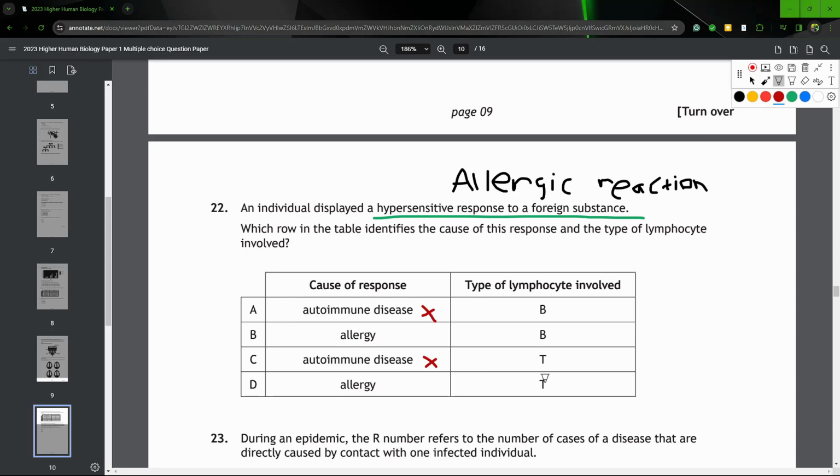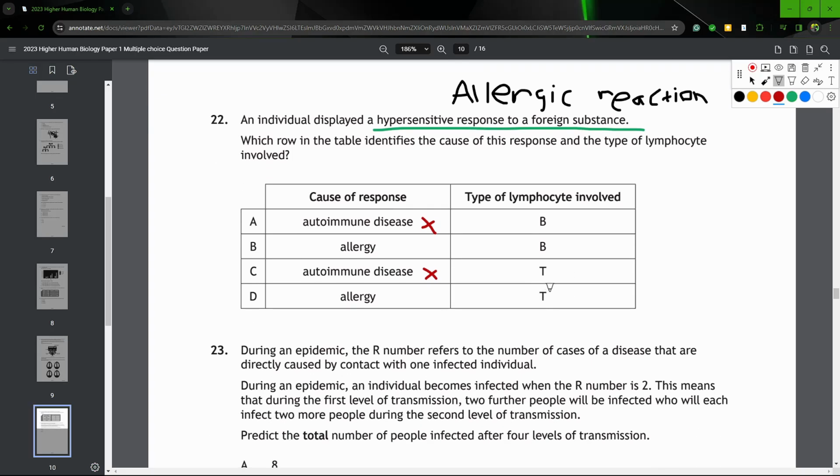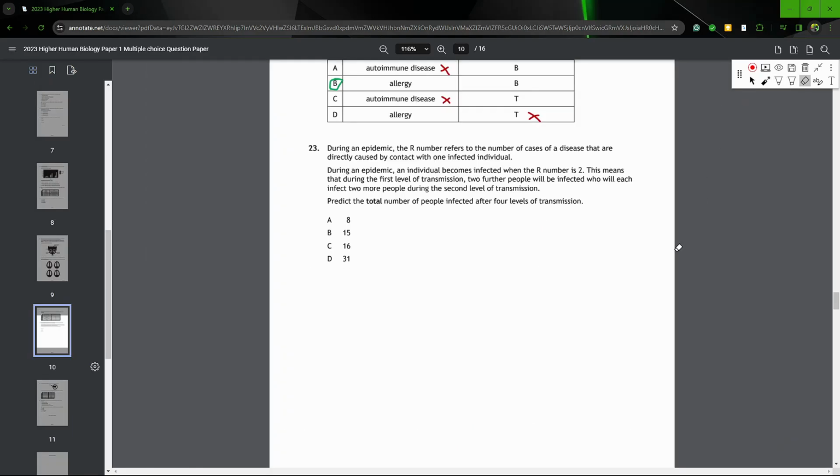T cells basically only mess around with killing viruses and performing apoptosis, which is killing what they perceive to be damaged body cells. So they won't have many effects on foreign substances. They only deal with our cells. So it must be B.